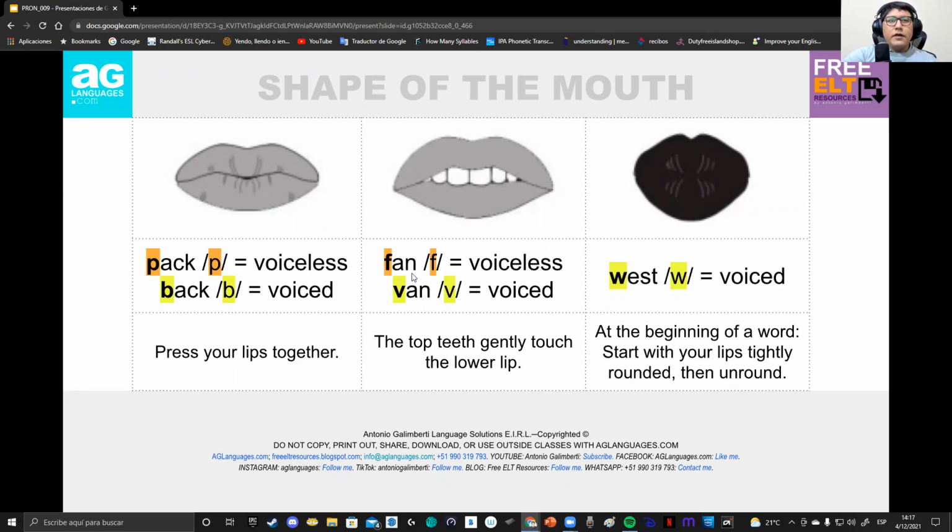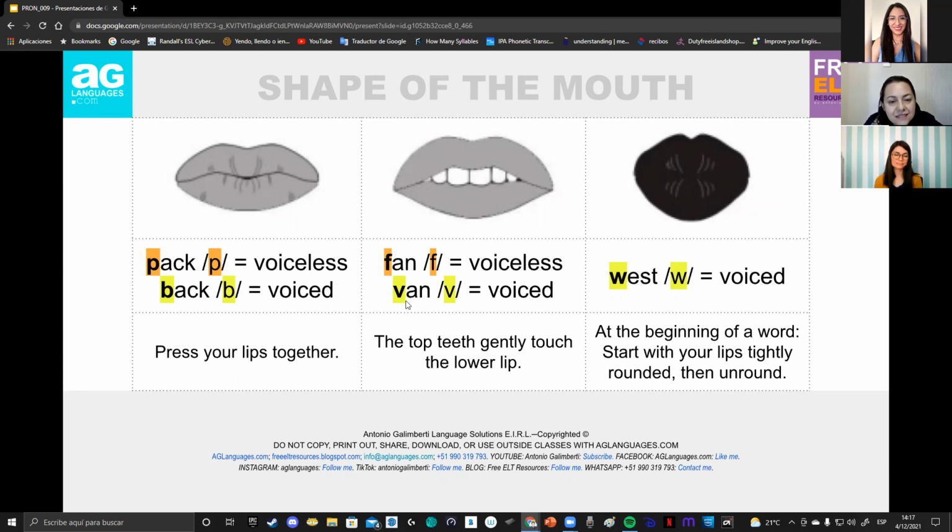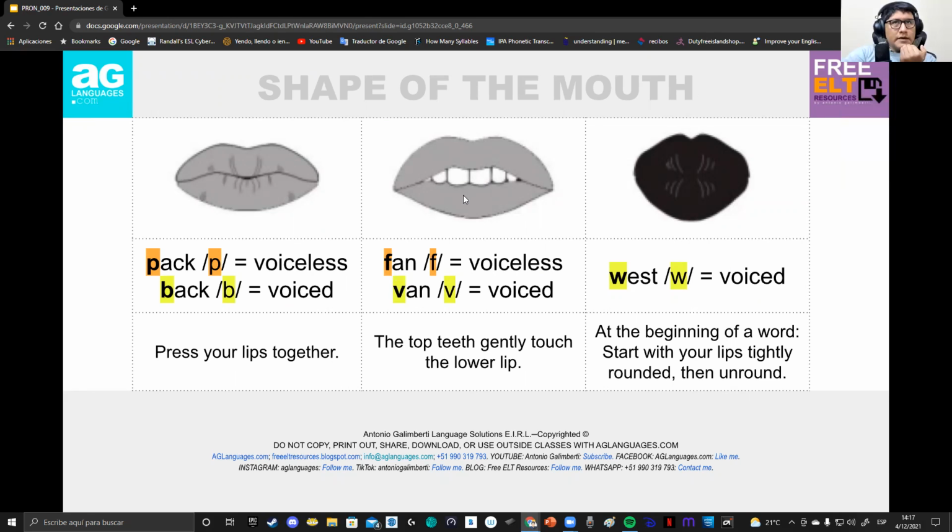Now for the F and for the V, take a look at this. Upper front teeth, pressing a little bit the lower lip. You let the air pass, that's an F. Fine. Fish. With the V, you need to make a vibration. Same point of articulation.